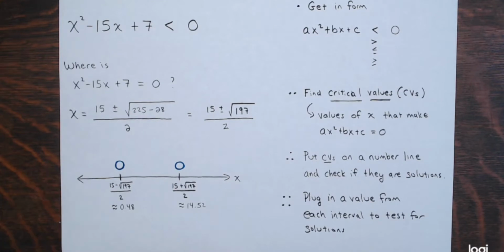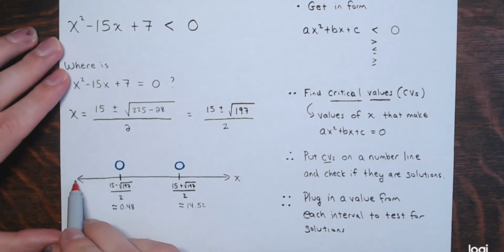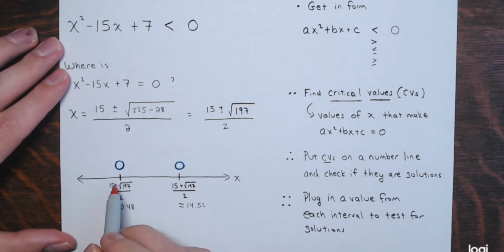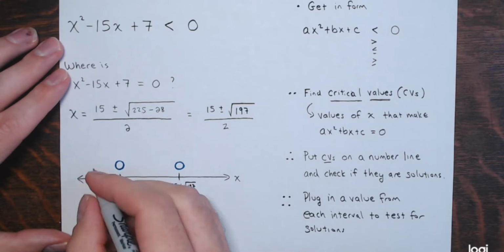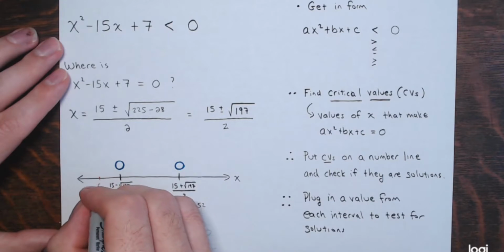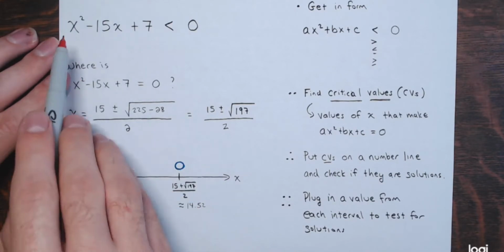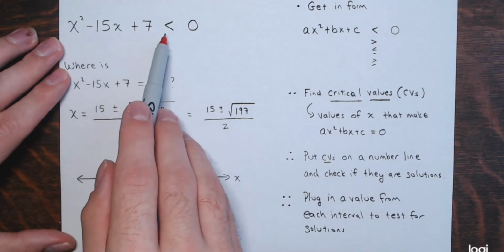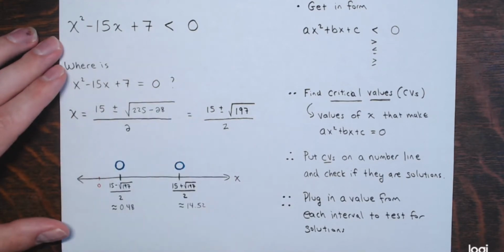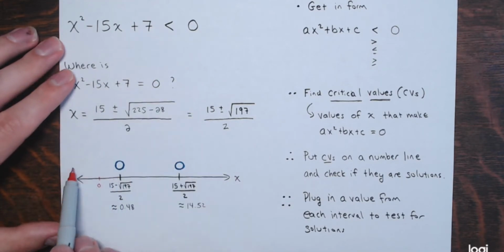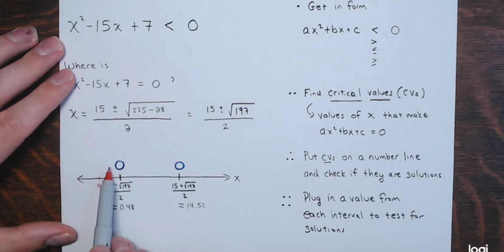So over here, to the left, this interval to the left of about 0.48, I'll pick 0. Let's test 0. Now if I plug in 0, we're getting 7 is less than 0. That's false. So this interval doesn't have solutions.